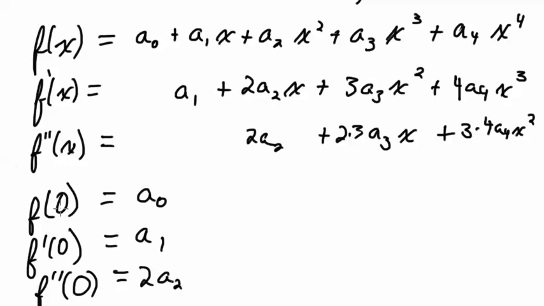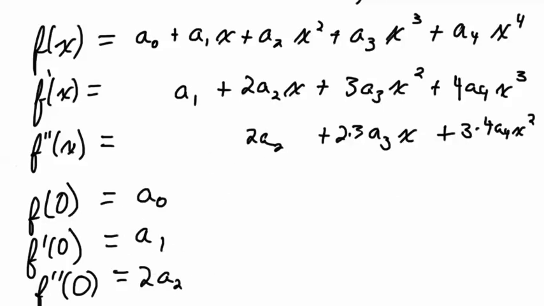Mainly because when I plug in those zeros, a sub 1x is 0, a sub 2x squared, all of these x terms cancel out, leaving only that a sub naught. So basically, this just picks out that coefficient.